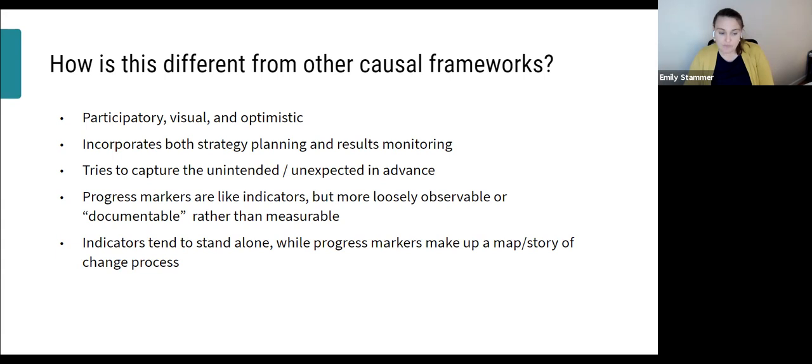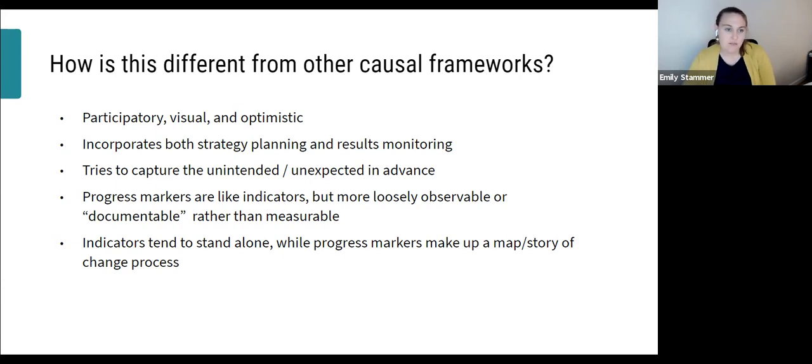Like for this workshop, one of our progress markers is that the participants are more confident in using CAM. And while we could ask about this, and we may ask about it in a survey afterwards, also, if someone just mentions in a pause and reflect session that they feel more comfortable using CAM, we can use that as our documentation. We're not necessarily restricted to SMART indicators here, right?